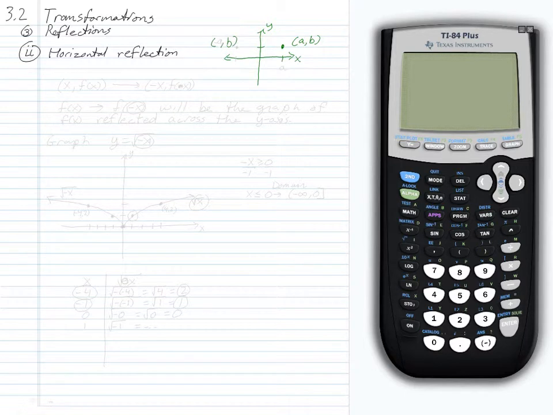And if I want it to be on the opposite side of the y-axis, its x-coordinate will be the opposite of a. And so that's exactly how we achieve horizontal reflection when we're talking about functions. So given a function f of x, or a point on a function, the horizontal reflection can be achieved by plugging in negative x.